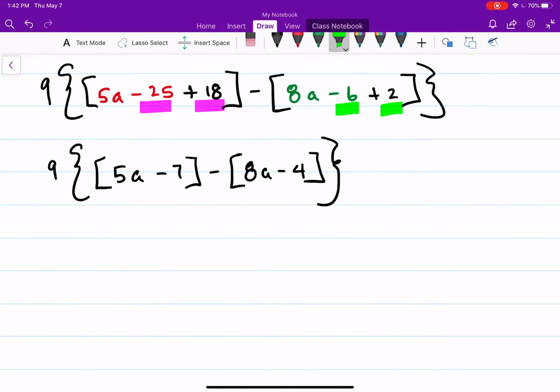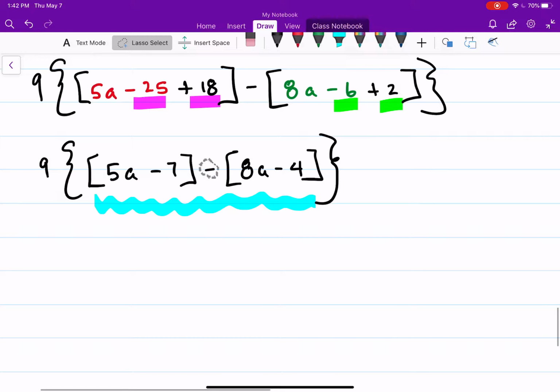What we could do here is now add these together, but there are two sets of square brackets that are in the way. So remember what I said about this subtraction sign? We should think of it as a -1 in front, and we're going to distribute a -1 through, or just flip all the signs.